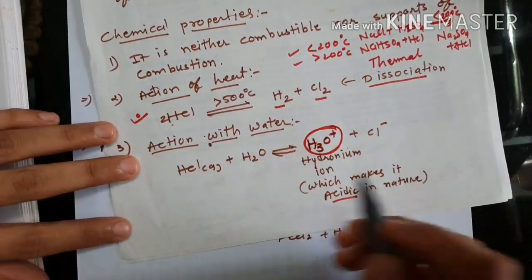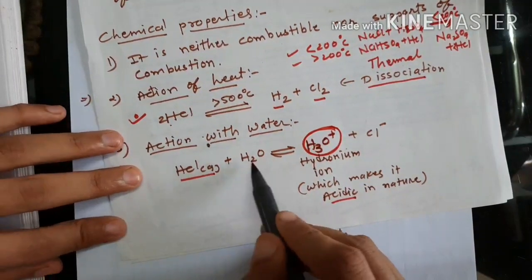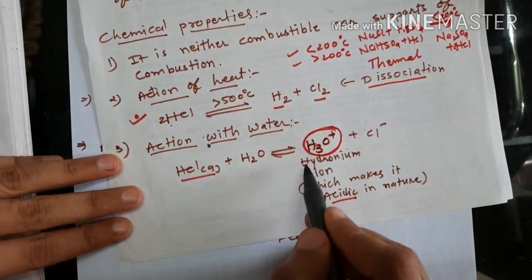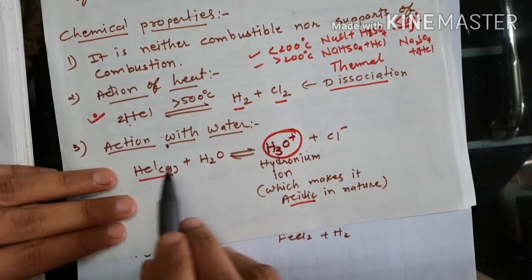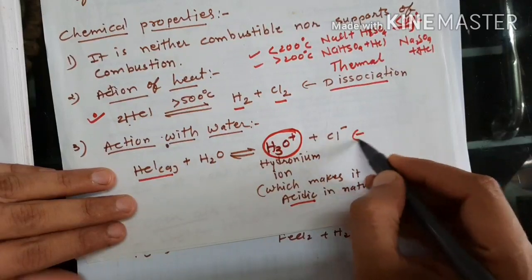So here the same thing: HCl is dissolved into the water, but it dissolves when it ionizes. Why ionize? When the particular substance dissolves into the water, it converts into ions. This is called ionization.